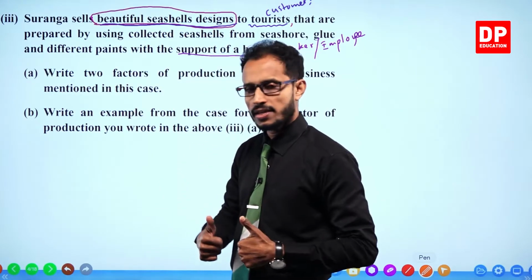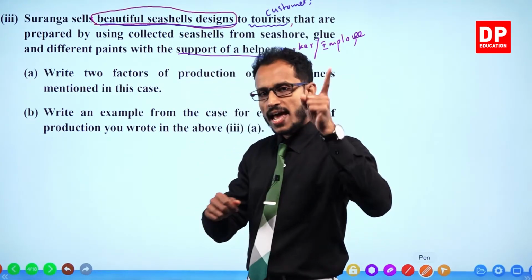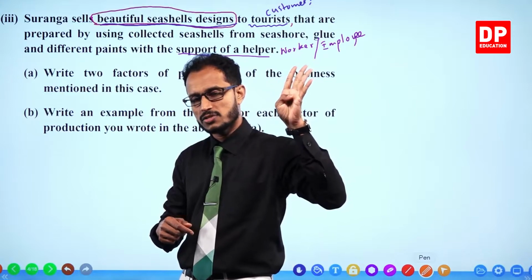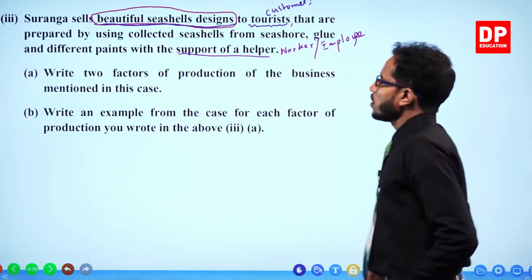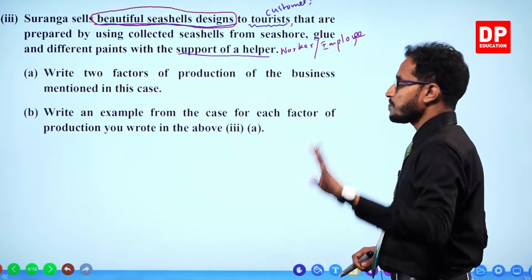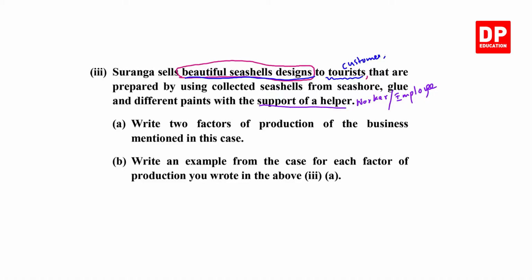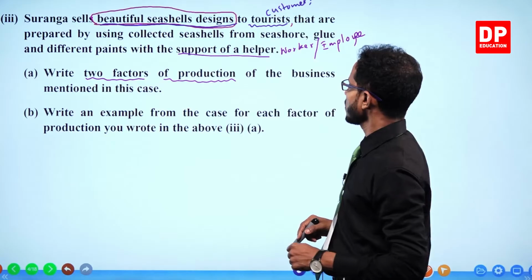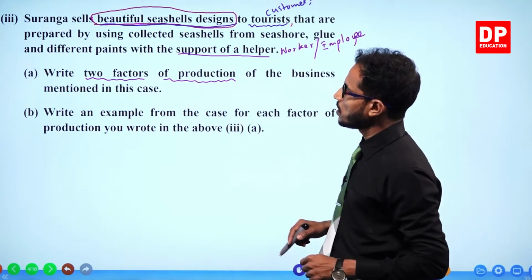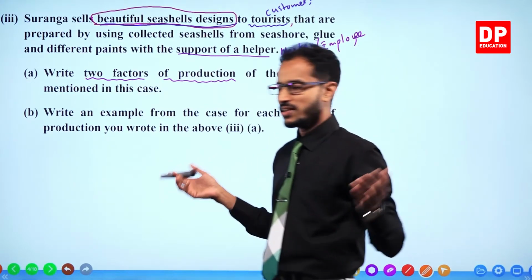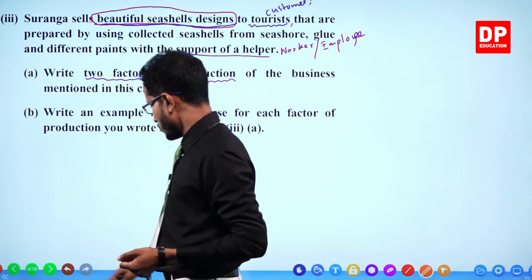That's the way to do it. You should remember just like that. Land, labor, capital, enterprise, or entrepreneurship. So, factors of production 4. Out of those, you must write 2 factors of production mentioned in this case. Right. You can write any 2.